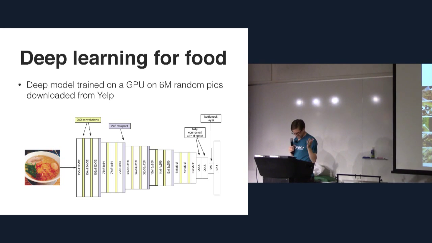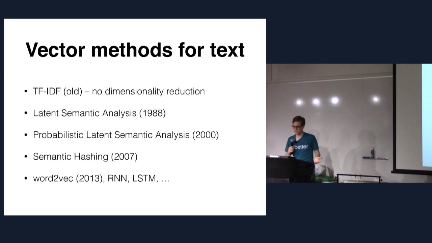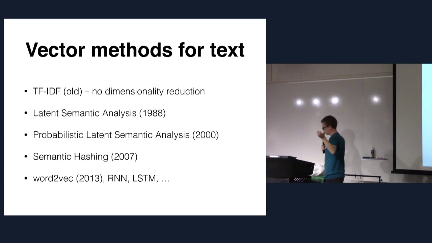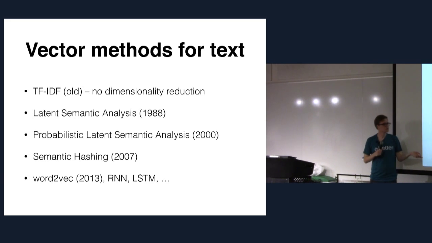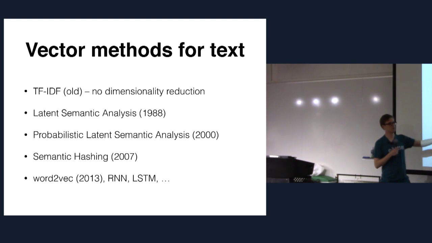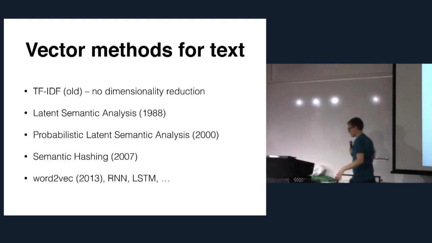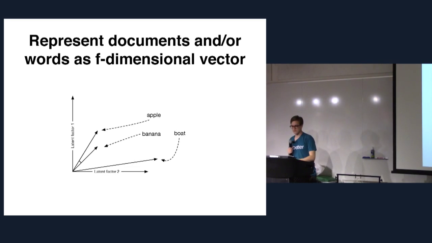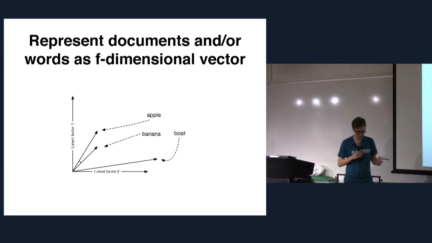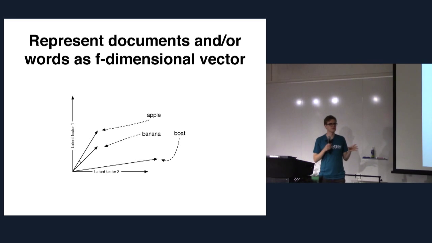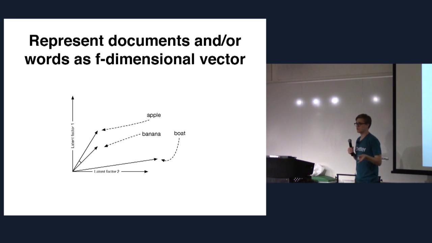Cool. So this was food. You can do this for text. This is actually an old field. There's word2vec now. People think that's really cool, but it's actually been going on for a long time. But lately there have been a lot of new models, in particular recurrent neural networks and long short-term memory and stuff. But it has a long history. And what all these things have in common is we're starting with some corpus, and we're finding these low-dimensional representations of words and documents, right?